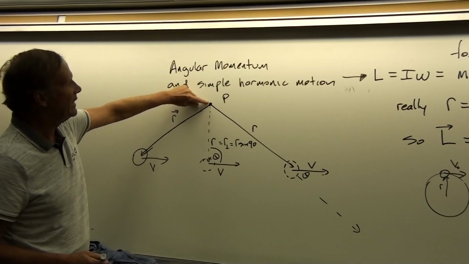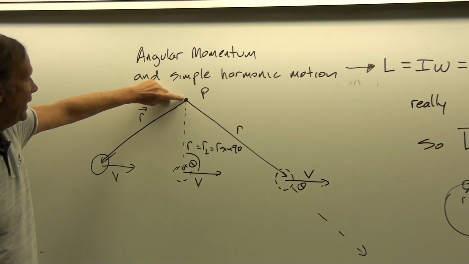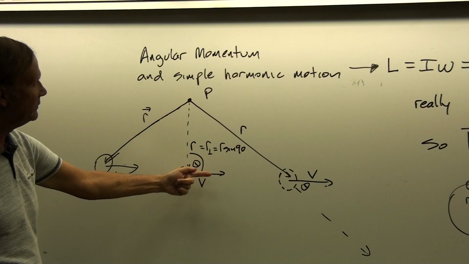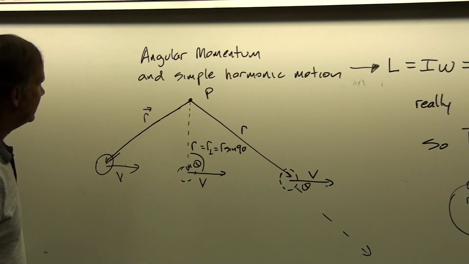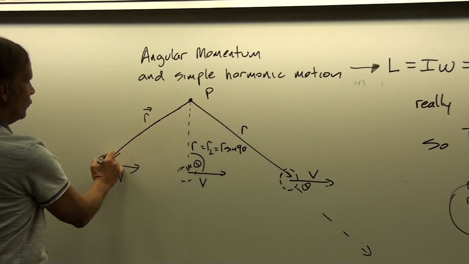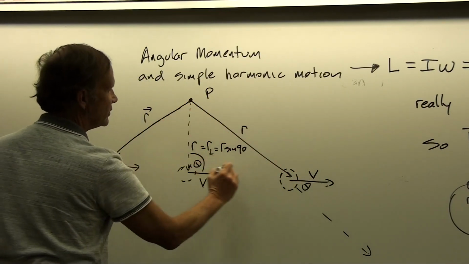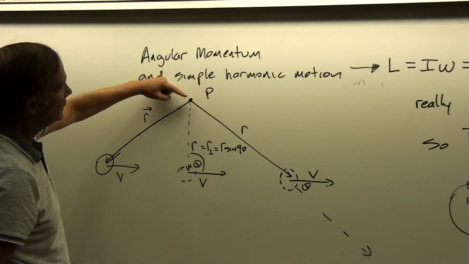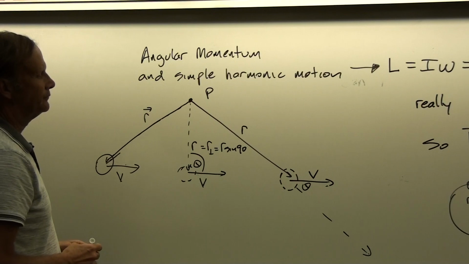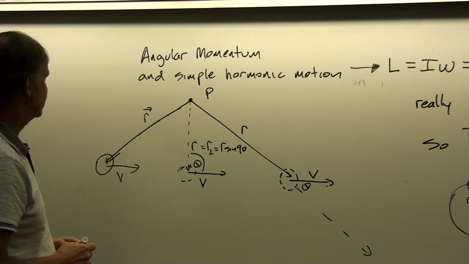Let's say that we want the angular momentum about this point P. Okay, and so we have a mass moving with a velocity v along this horizontal axis. Then our radius vector at different points along this horizontal path will just be a vector that points from P and connects in with the moving mass.